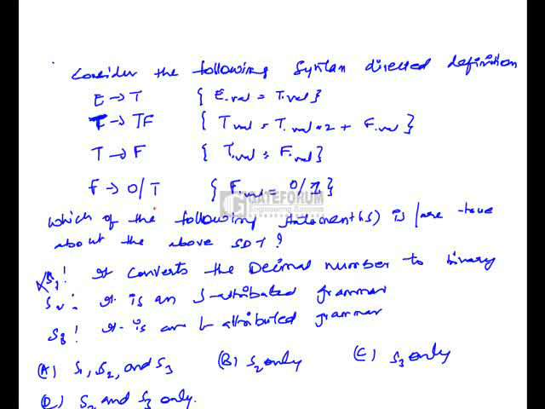So here we can see that the value of the attribute of the parent is dependent upon its children. So it is S attributed. All the attributes are only synthesized attributes. So we can say it is an S attributed grammar.